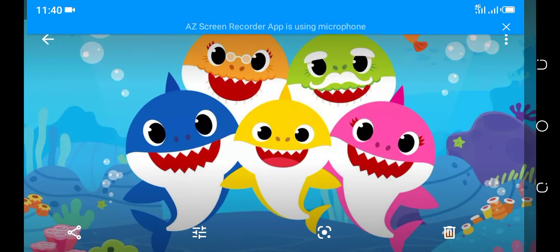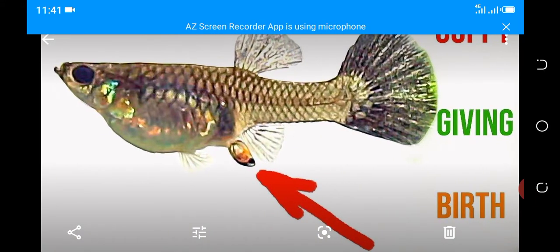Sharks give birth to their young. You know Baby Shark? A shark delivers babies. A shark cannot lay eggs. Also here, the guppy fish.